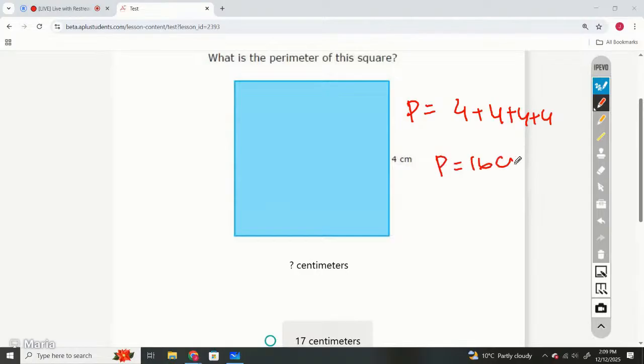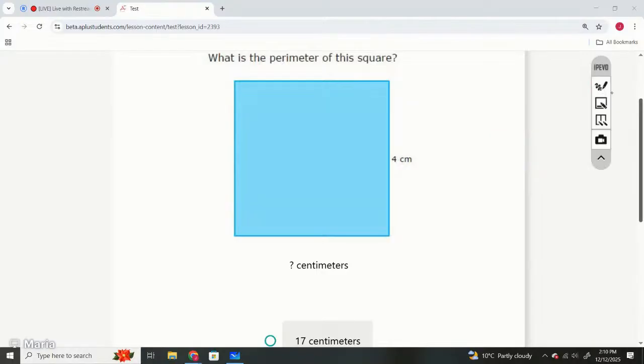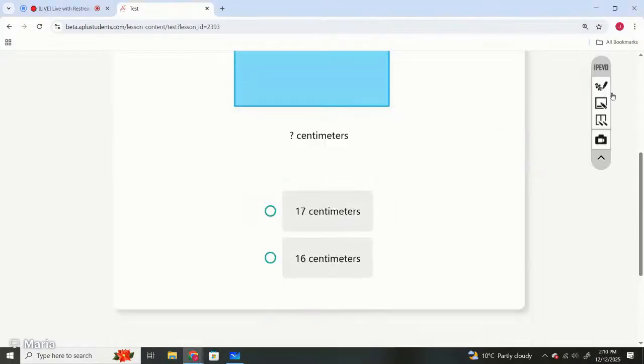The perimeter is equal to 16 centimeters. Option number 2 is the correct option.